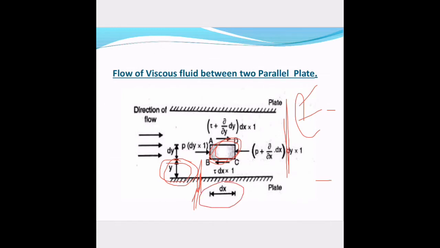Suppose here what will happen? On the fluid element, on the faces of the fluid element, 4 different forces will act. These are pressure forces and shear forces. Pressure force on walls AB and DC, and shear force on walls BC and AD, okay?